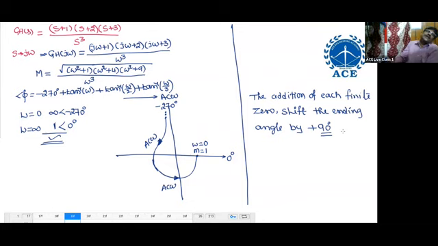Finite poles and finite zeros shift only the ending angle. Poles and zeros at the origin shift the total plot. Poles at the origin, the complete plot is shifted. Even a zero at the origin, the complete plot is shifted. For example, next one you draw it.